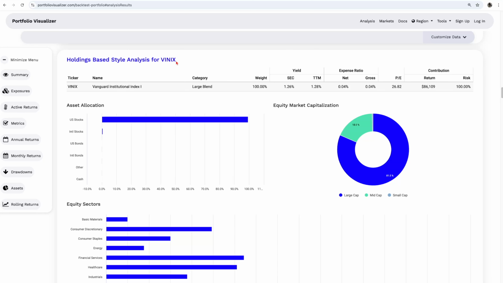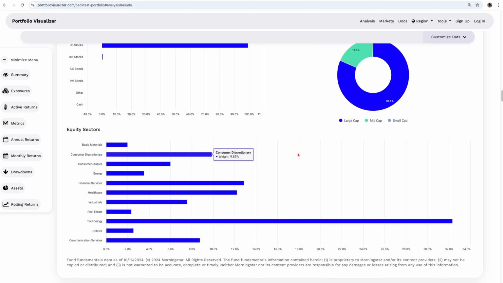This VINIX contains 99% of US stocks, only a small fraction in international stocks. And it shows the makeup of the fund, 81.5% in large cap, 18% in mid cap, and a fraction in small cap. And it also shows the different sectors that the fund is exposed to.